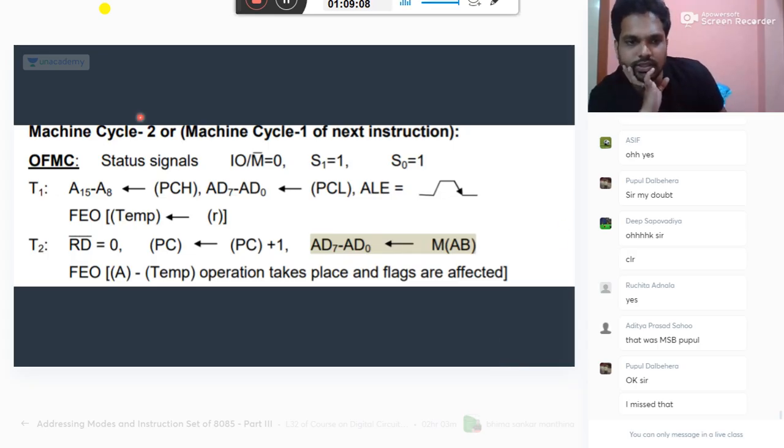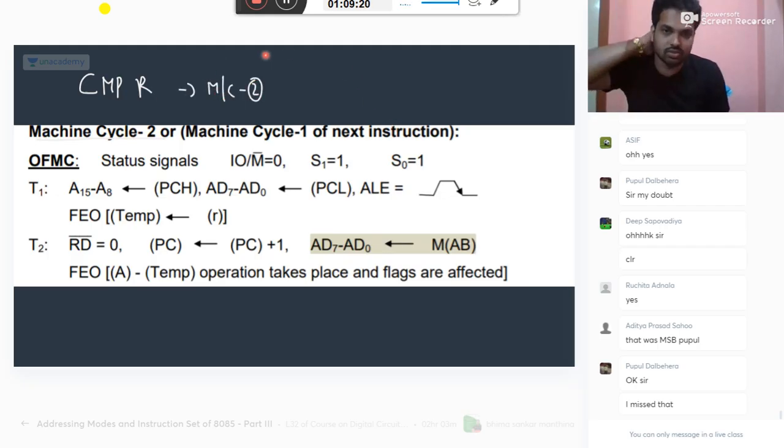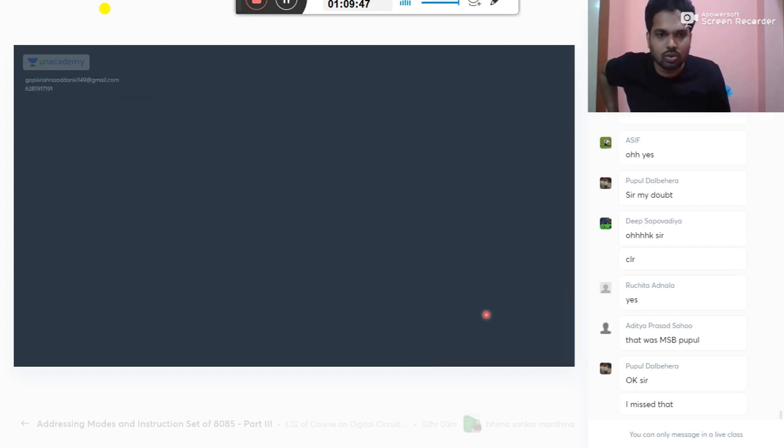Okay, so let's move. So compare R. Similarly, you can have CPI. It is compare immediate with 8-bit data. It will check A greater than the 8-bit data, A less than 8-bit data, or A equal to 8-bit data.